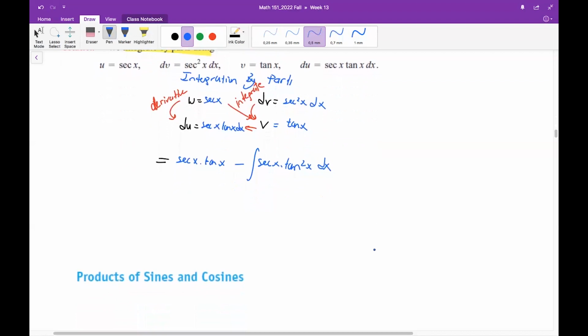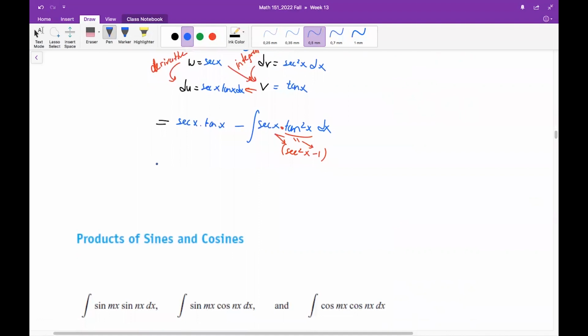Okay, now we have a new integral to deal with, and we know that we can use this trigonometric formula for the tangent square x part. Then if you do this multiplication like this and this way, you obtain what?